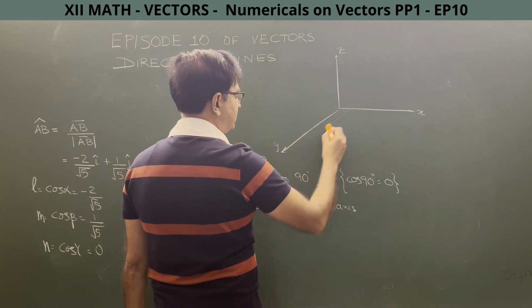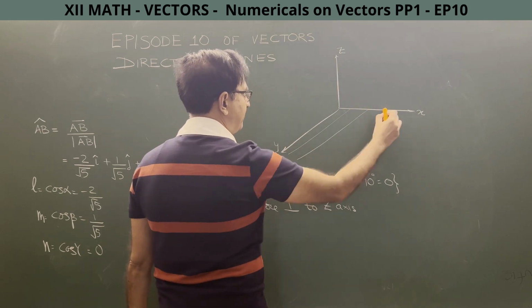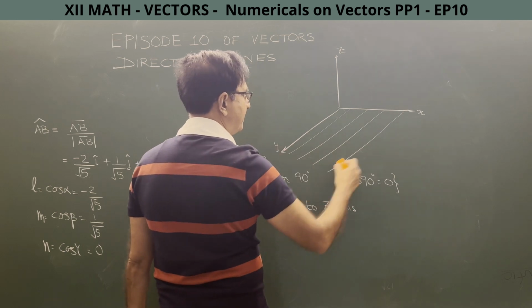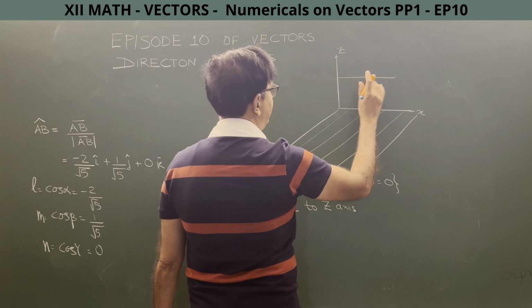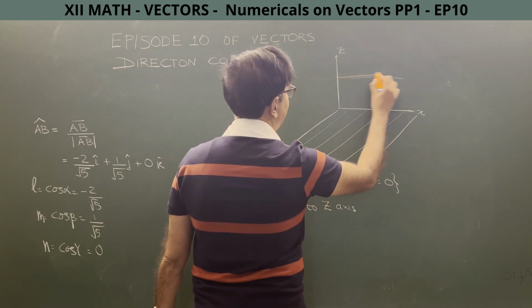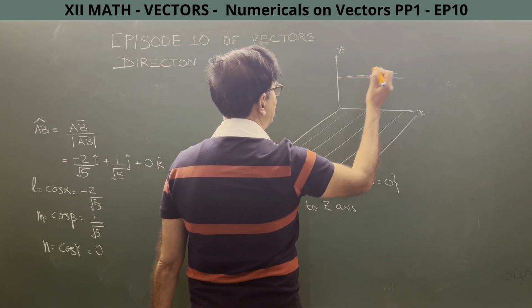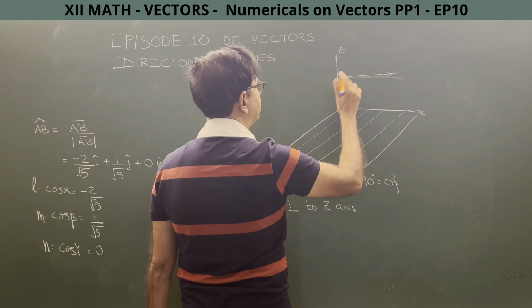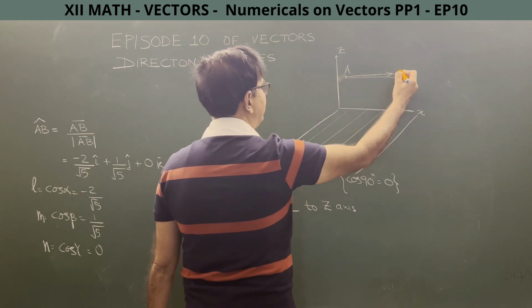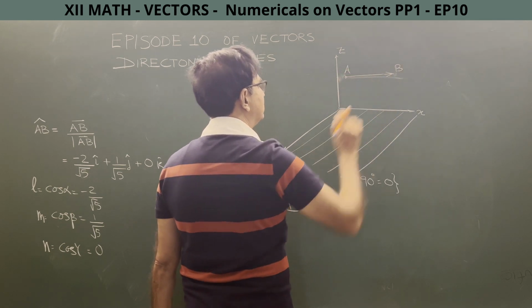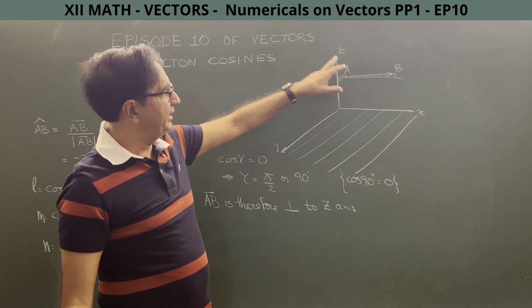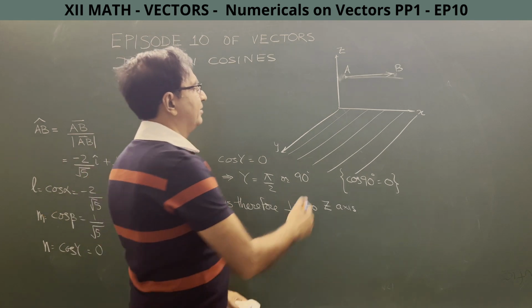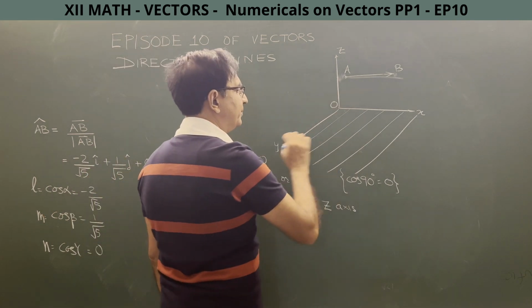So this is xy plane. This is z axis. Your vector AB is now perpendicular to z axis. Let me draw it here. It need not be touching the axis. Anyway, vectors are free to be moved in the space. So this is vector AB. So you can see any line perpendicular to OZ will automatically be parallel to xy plane.